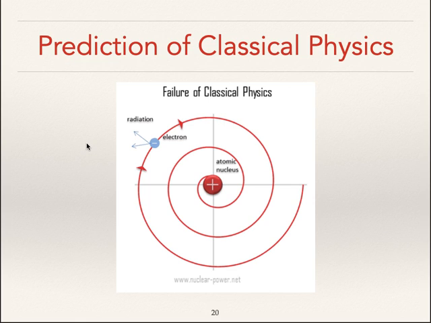Now, here's what people believed should have happened. According to the kind of physics that Isaac Newton developed a couple centuries ago, anytime you have an electric charge that is either speeding up, slowing down, or changing direction, and going around in a circle is definitely changing direction, it ought to lose energy to light. It ought to radiate away its energy.